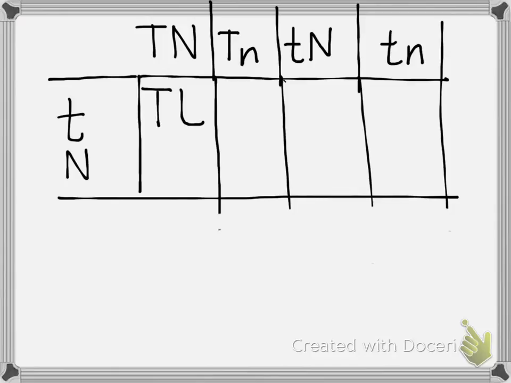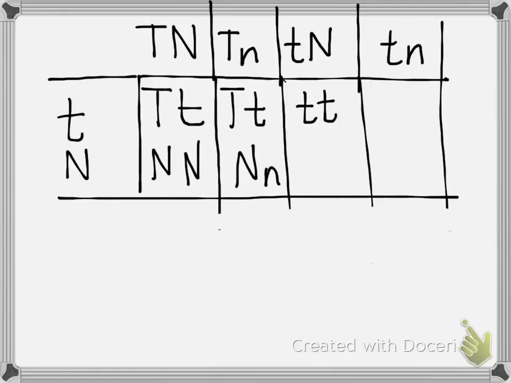We get big T, little t, big N, big N. We get big T, big N, little n. Little t, big N, big N. Little t, big N, little n. Okay?